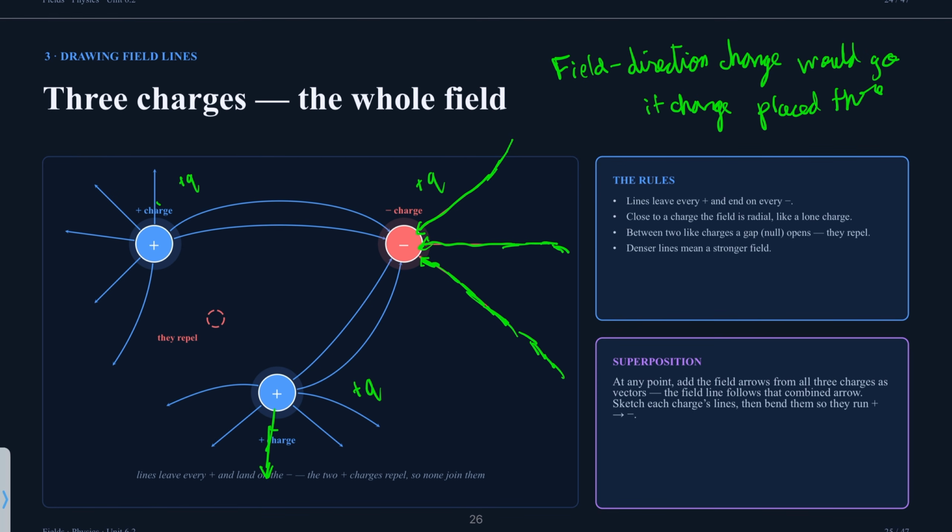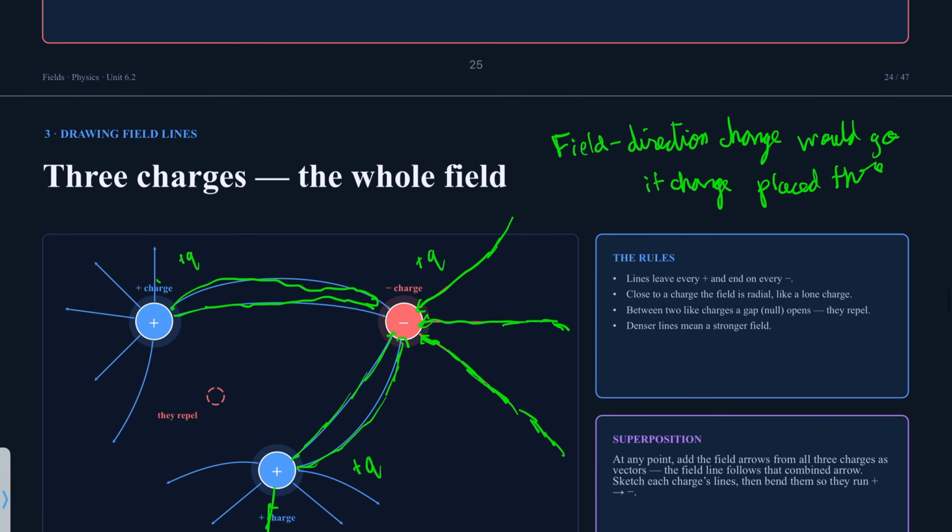It's emitting its own field. Think of it like that. And these 2 protons here, they're going to emit their own fields. And I decided that each of them is going to have 2 lines that hit the electron. So then this one accordingly is going to have 2 lines, right? And the rest of the 5 lines, they create their own field.